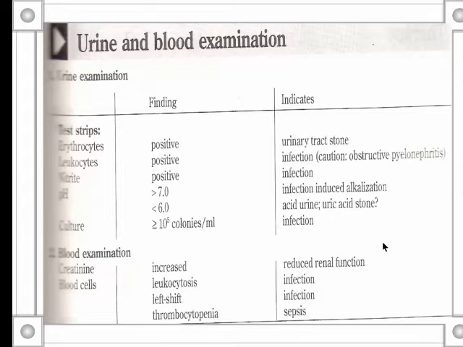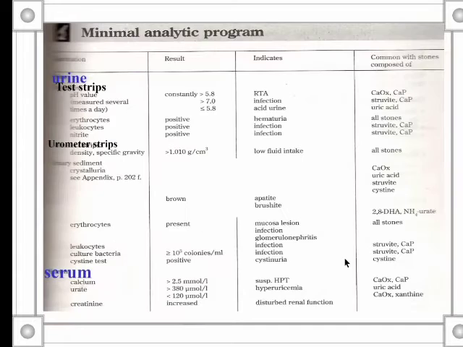Both kidneys are affected. So if leukocytosis, left shift, this is infection, and if associated with thrombocytopenia, it's sepsis. So TLC, DLC, serum creatinine, blood urea, they are of very great importance.